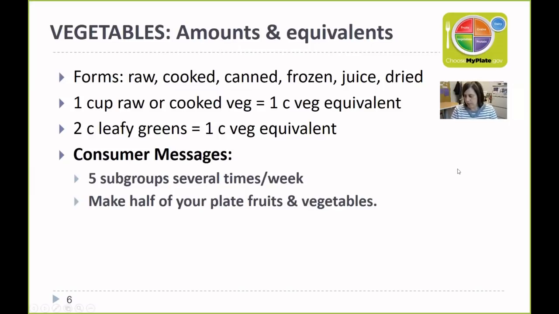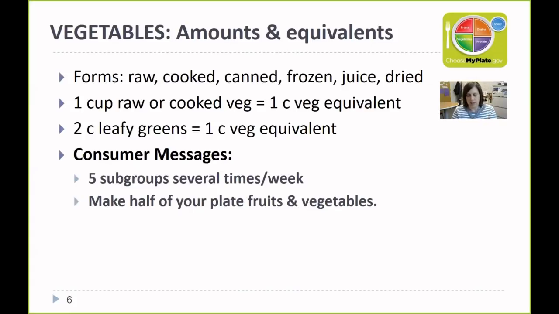I want to show you a couple of examples from food models. If we look at green beans, this is a half cup equivalent. I put it here so you can see. That would be considered a half cup of vegetable equivalent, which just goes right across. Here's a cup of baby carrots. One cup of baby carrots would also be a 1 cup vegetable equivalent.